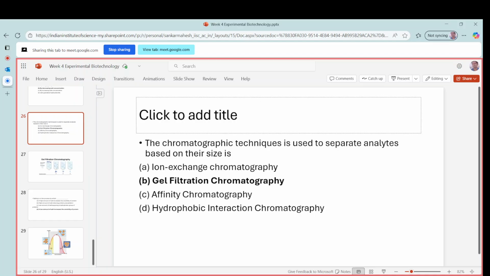The next question is, the chromatographic technique used to separate analytes based on their size is dash. Something that we discussed earlier.